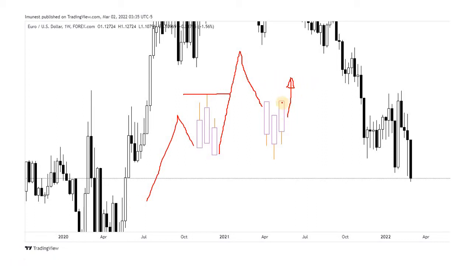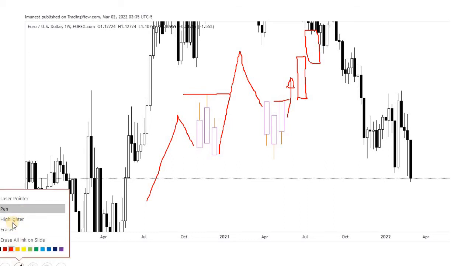If the fourth candle trades above the third candle's high, then we expect that the fifth candle is going to be bullish, and possibly subsequent candles will be bullish. So that's the whole idea of what I just want to highlight here.